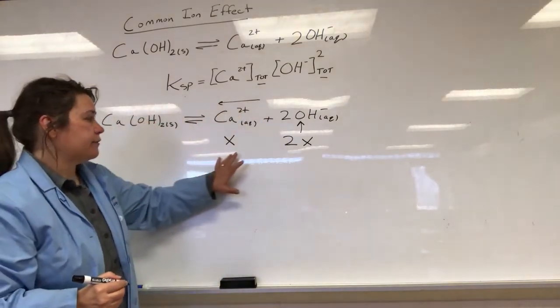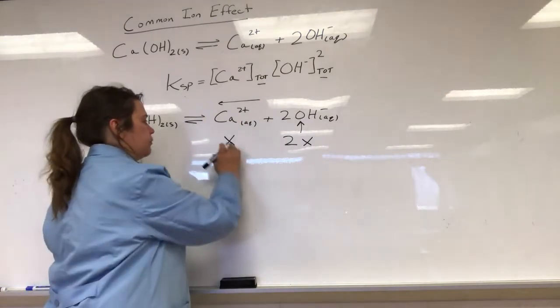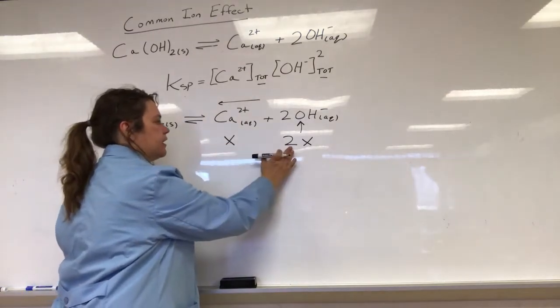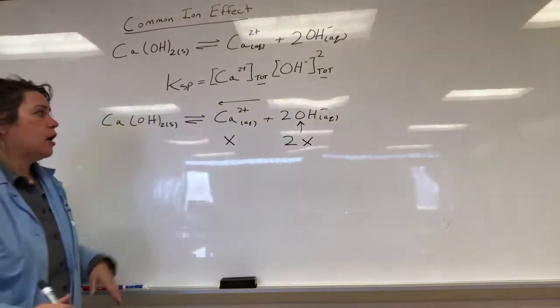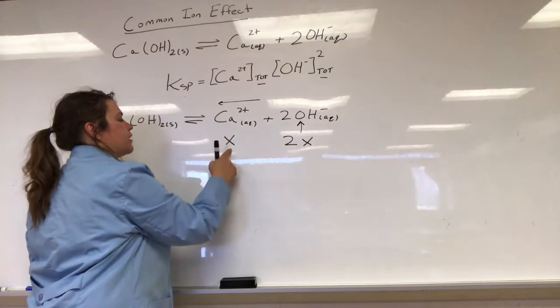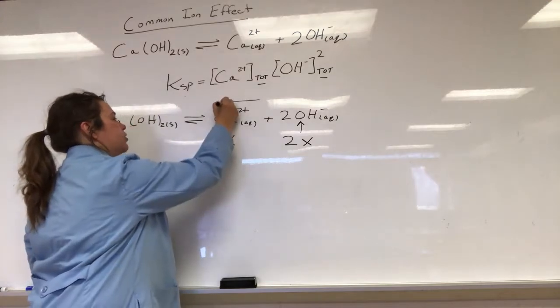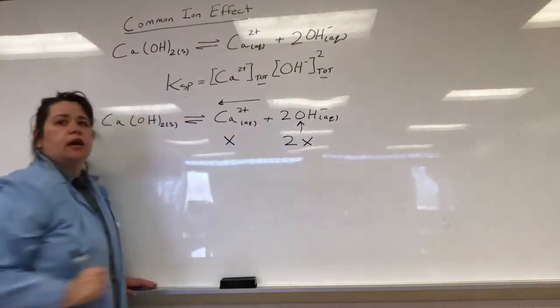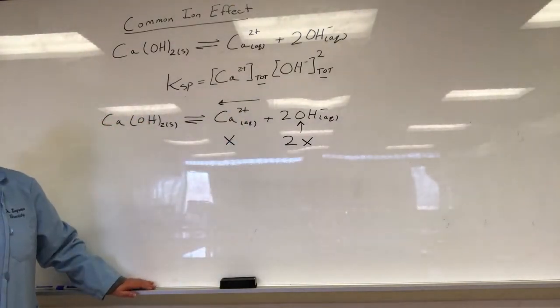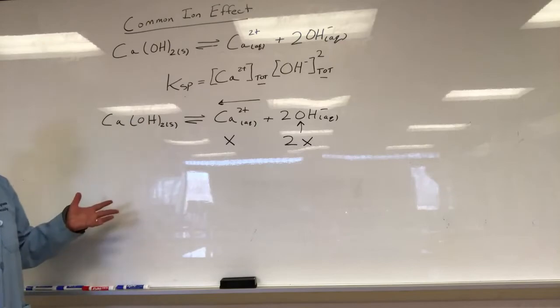If you look at the ICE table, we'll still have to fill in some x and some 2x from the equilibrium itself, but the amount of x will diminish because the reaction is going to shift to the left and diminish the solubility of the calcium hydroxide. So that's the common ion effect.